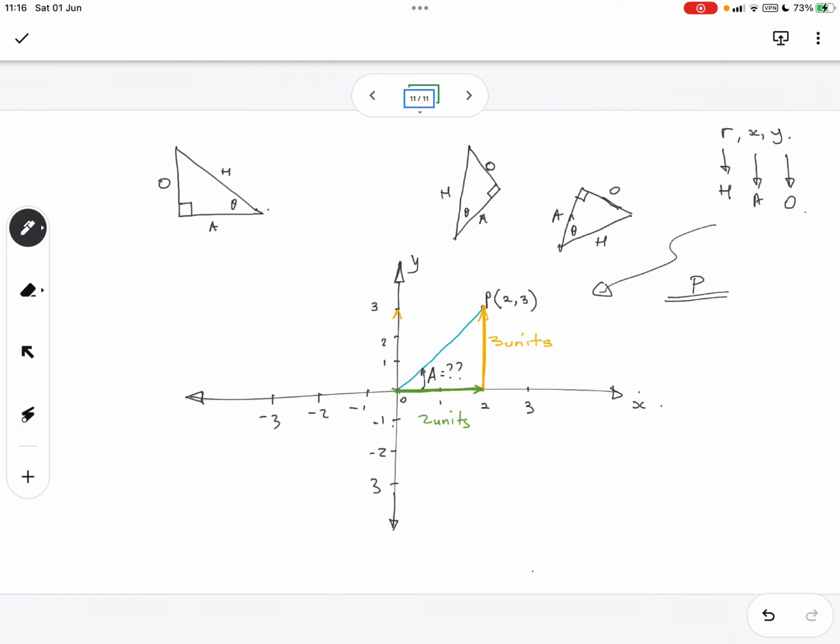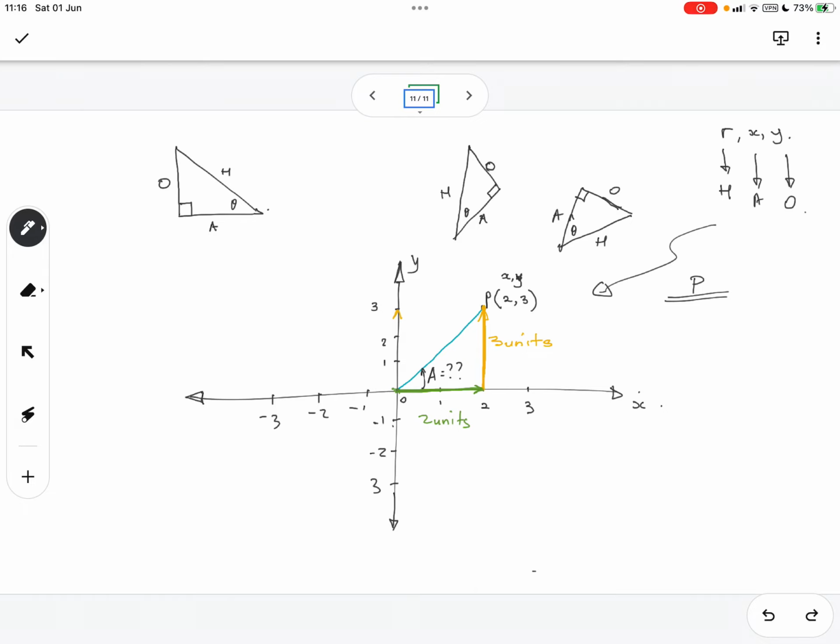So this angle goes from the horizontal x-axis to the line that is blue, which forms our hypotenuse, right? And we can see that because the coordinates are 2, 3, the 2 corresponds to x value, and the 3 corresponds to a y value.